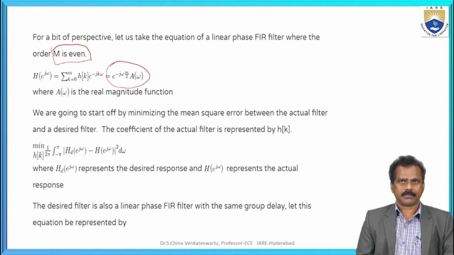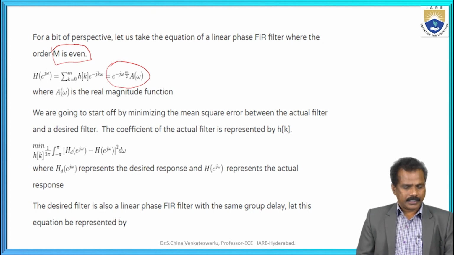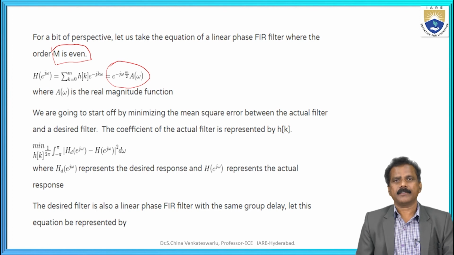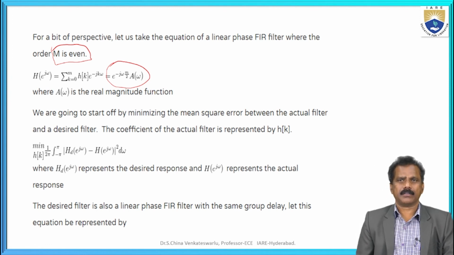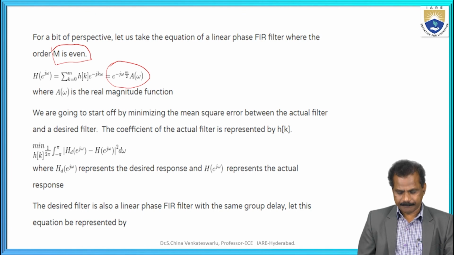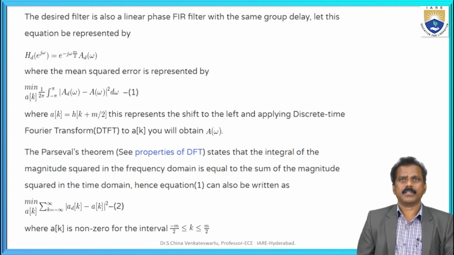The coefficients of the actual filter are represented by h of k; one represents the desired frequency response and the other the actual frequency response. The desired filter is also a linear phase FIR filter, with the same group delay or phase delay.